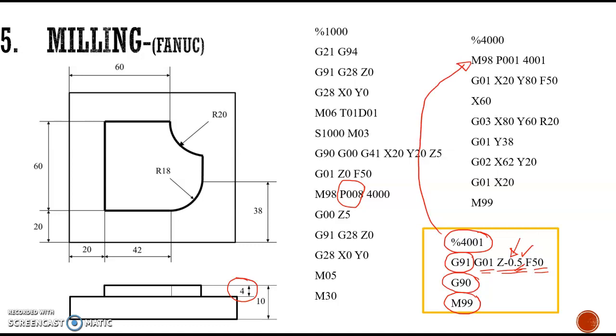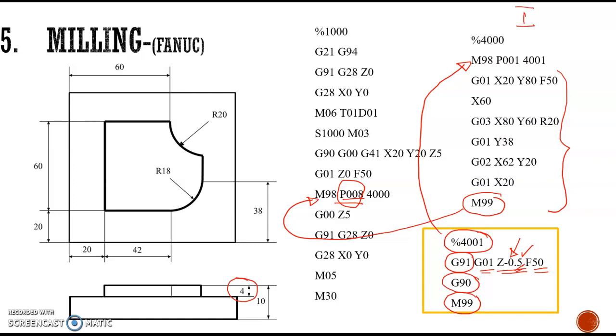It will be moved back to the subprogram 1 here. After increasing the 0.5 mm depth, we have to move the tool to all the position locations. All the tool path is now covered, and after that with this M99, the command has to be moved back to this position, because here it is already written that we have to perform this subprogram number 1 8 times.